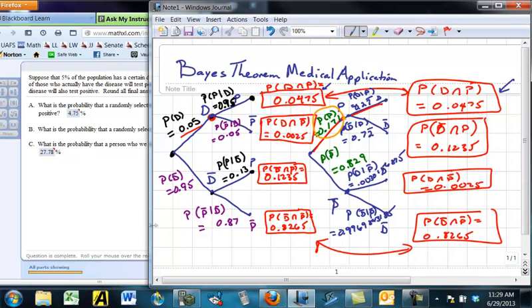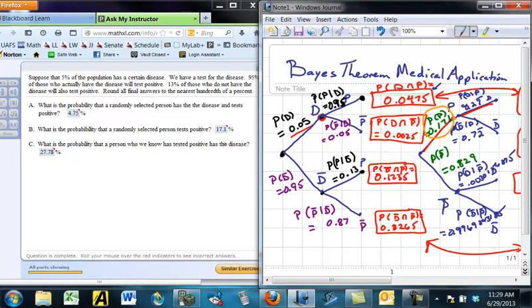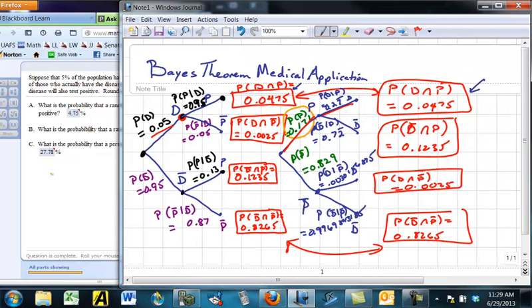Hopefully that's what it says here. Yep, 17.1%. What's the probability that a person who we know tested positive has the disease? 27.78%. That's right here, 0.2777777. So it's 27.7, bunch of sevens, 0.78 is where it rounds off. So 27.78%.